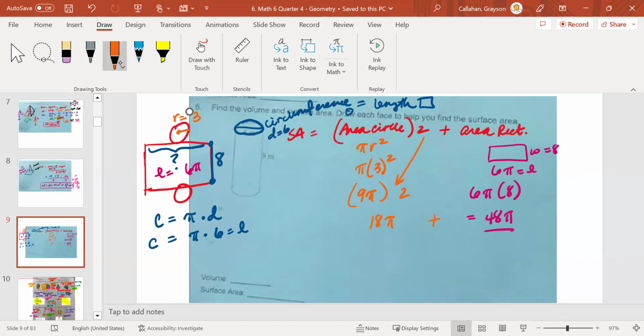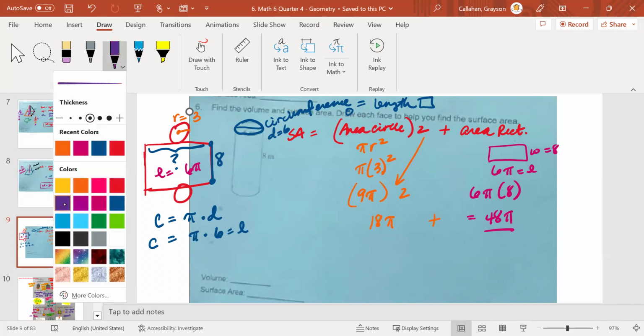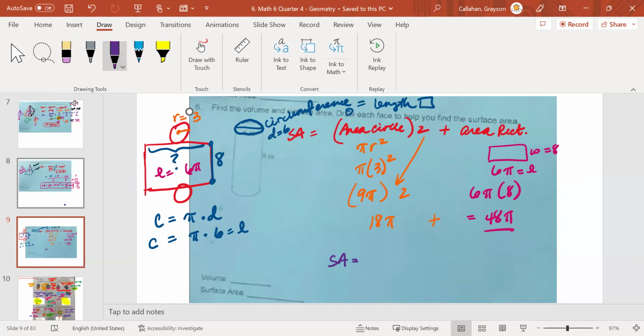You have to add those together. So your surface area is going to be 18 pi plus 48 pi, which is going to give you 66 pi, and then it's meters squared. That's your surface area. I'm sorry, 66, not 64.